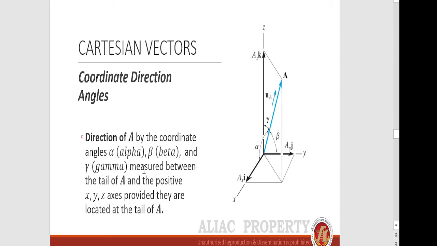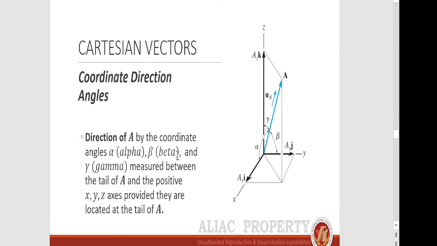Then the coordinate direction angles: the direction of the vector A can be specified by the coordinate direction angles alpha, beta, and gamma, measured between the tail of A and the positive x, y, and z axes, provided that they are all located at the tail of vector A. Alpha is the angle that vector A makes with the x-axis.